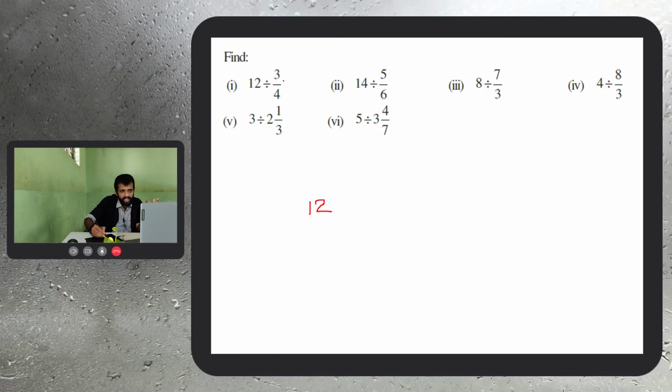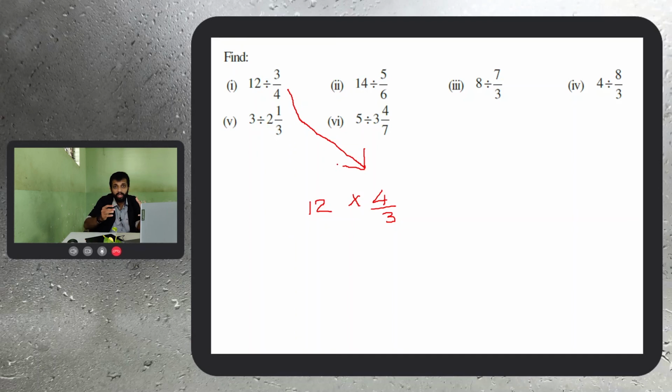So I'll change this divide sign into multiplication. The moment you change division into multiplication, all you have to do is write 4 on top and write 3 down. What was the fraction? It was 3 upon 4. And when I changed this to multiplication, that 3 upon 4 is reciprocated.